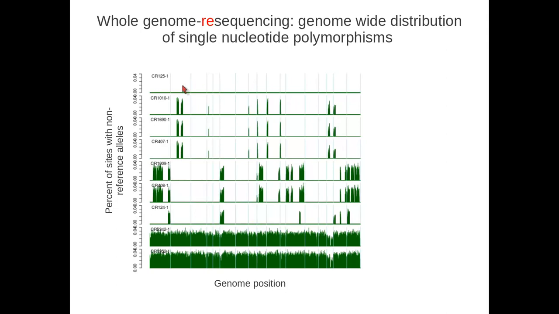The genome is about 120 megabases, or 120 million base pairs, all the way across. Here you can see windows of non-reference SNPs, which is a really interesting pattern in this particular species. Other individuals show uniform high levels of divergence from the reference genome.